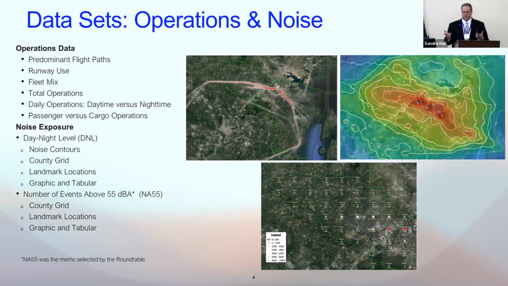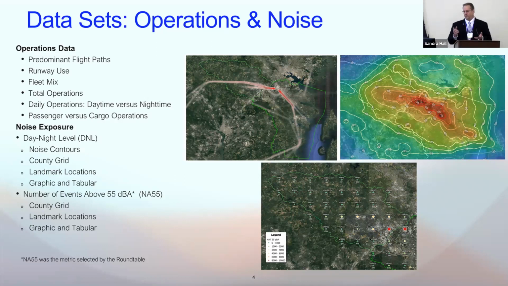How do we do that? These are the data sets that we usually look at. We get predominant flight paths. The top left slide shows a heat map of where the most dense tracks are.